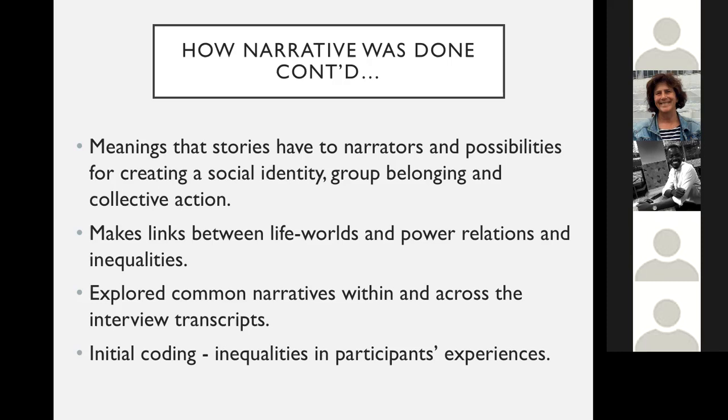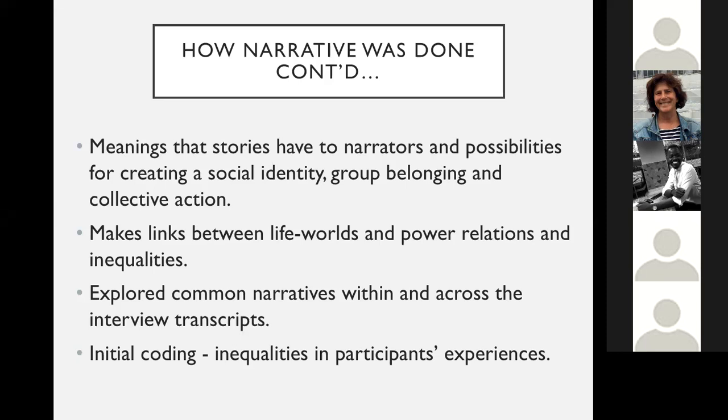The linkages that you make from these different, what I would call life worlds, and the power relations feed into coming up with the inequalities, or pinpointing exactly what would be considered an inequality here. I have an example that I'll give, where in a very simplistic way, if you look at it from a layman's point of view, you don't think this is a form of inequality in any way.